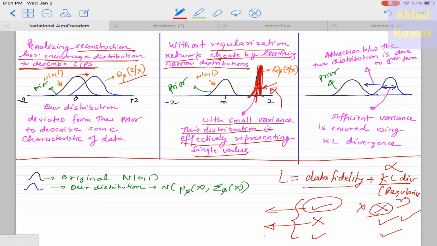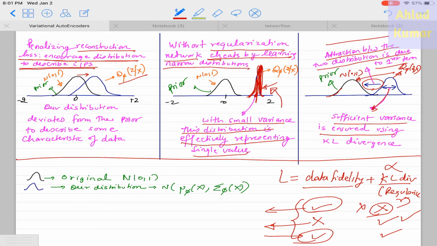The third case is when both of the terms are there. Then there will be an attraction between the two distributions. That is, this curve, which is q phi of z given x, will be attracted towards this prior, which is N(0,1), and the data fidelity term forces it to move to this black curve, and sufficient variance will be ensured.